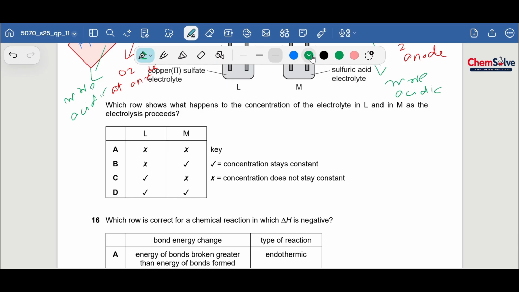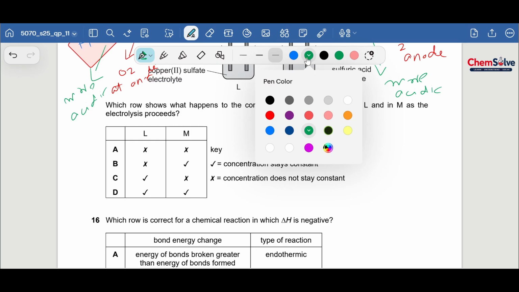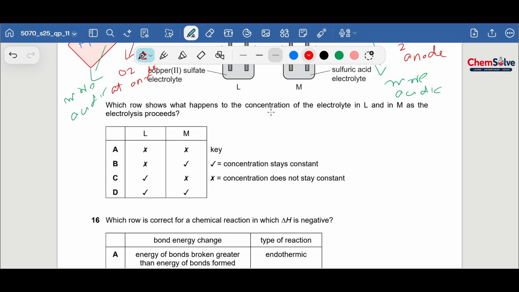We just discussed that on both sides the concentration changes and it becomes more acidic. If the concentration changes, then we have to choose the cross. The option with both crosses is here. So A is the right option.